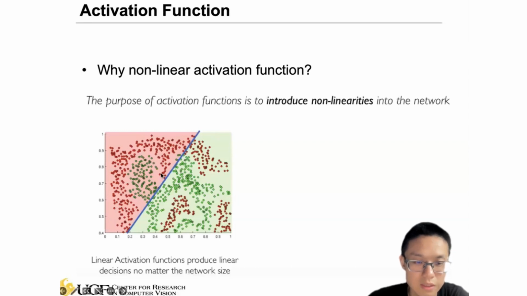In this example, it's very difficult to have a line perfectly separate these two classes because of the overlap between them.